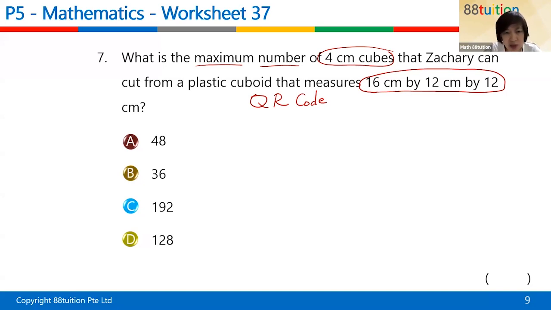Okay, the choice one is, then this one will be, yeah.